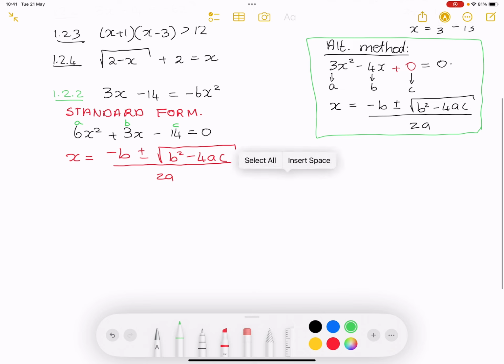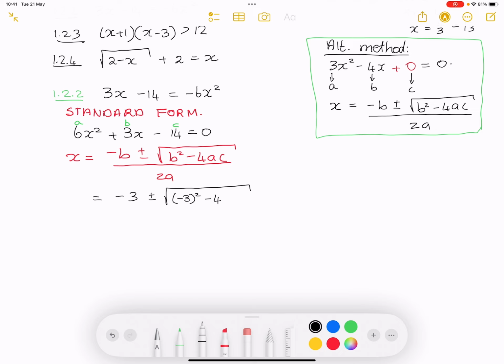So therefore, x is equal to minus 3 plus or minus the square root of minus 3 squared minus 4 times a, which is 6, times c, which is minus 14, over 2a is 2 times 6. Then you put it into your calculator and you get your answer.